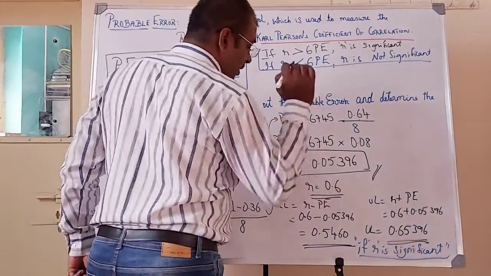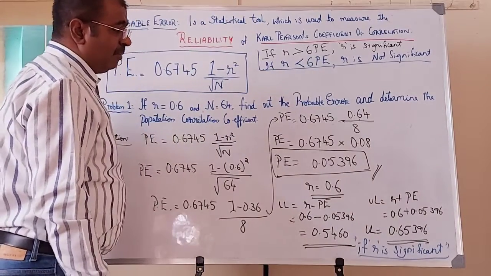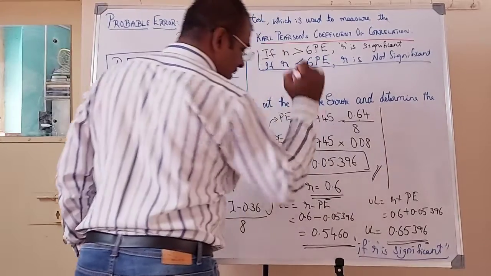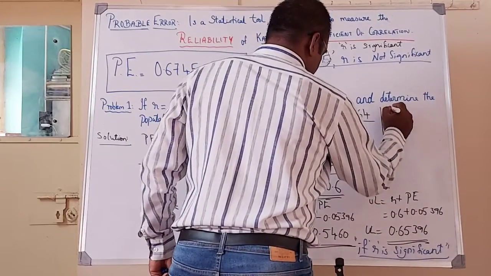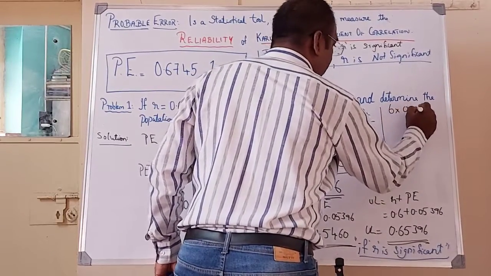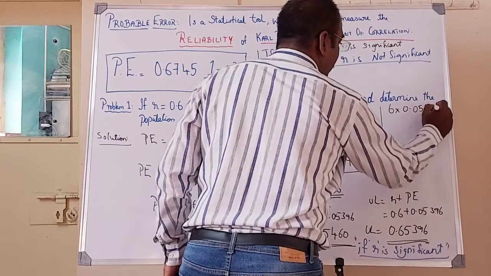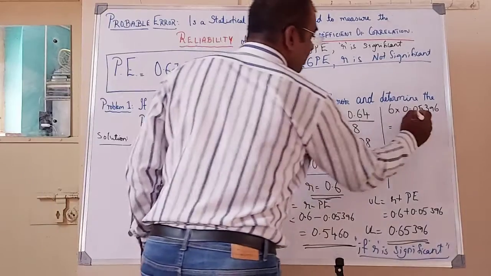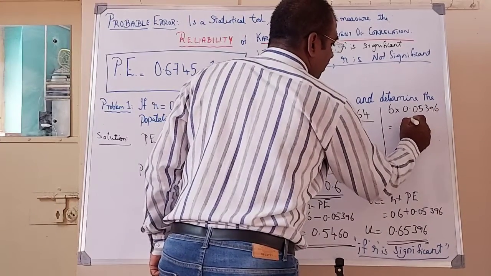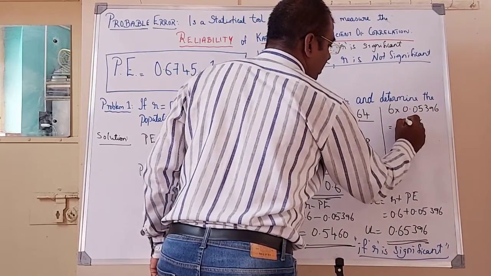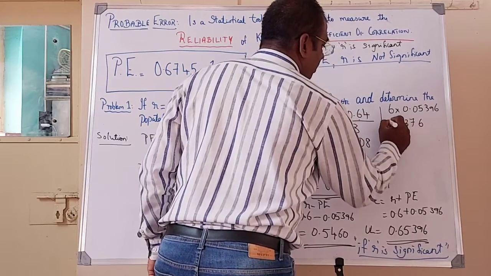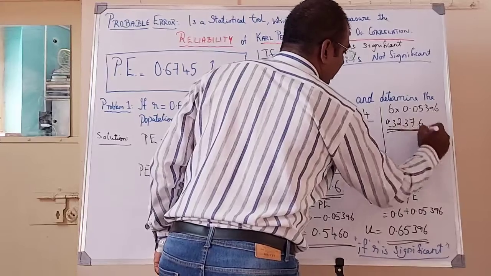So let us find out what is 6 times the probable error. In the question here, 6 into 0.05396 is equal to 0.32376.